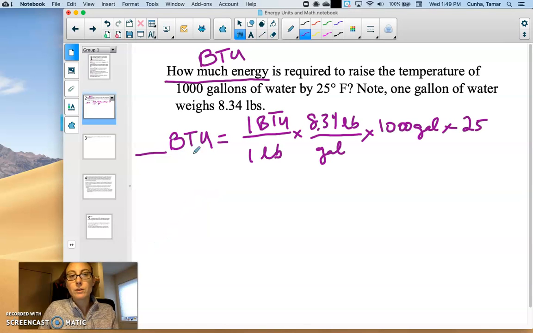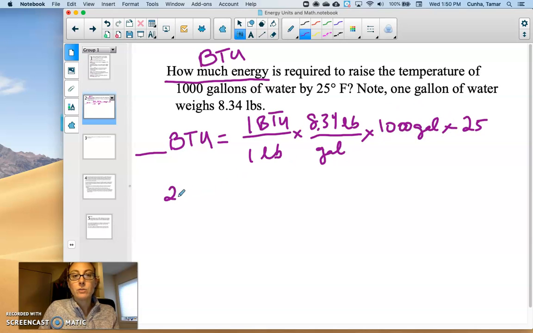Okay, so you know that if you want to end with BTUs, you got to make sure you have BTUs in the numerator. 1 BTU is equivalent to 1 pound of water. This is for just 1 degree Fahrenheit, so at the end we're going to multiply everything by 25. We can convert the pounds to gallons, and the gallons we get rid of because it tells us how many gallons.